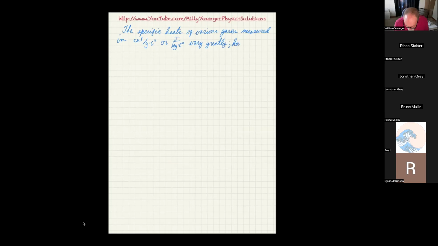However, if we look at the molar specific heats, which is measured in calories per mole Kelvin, we find nice patterns.